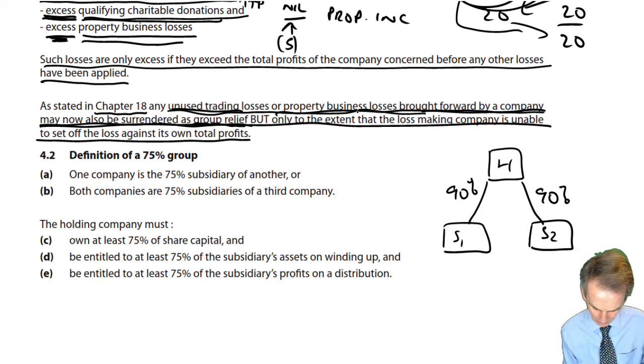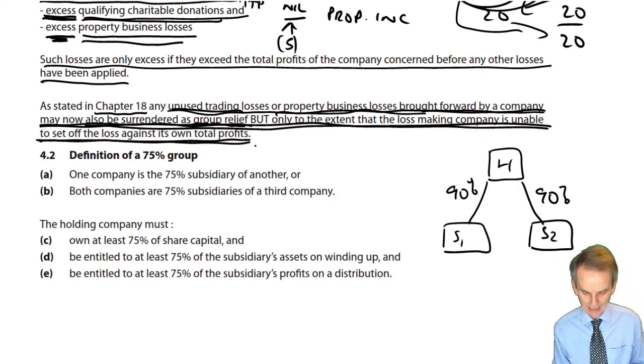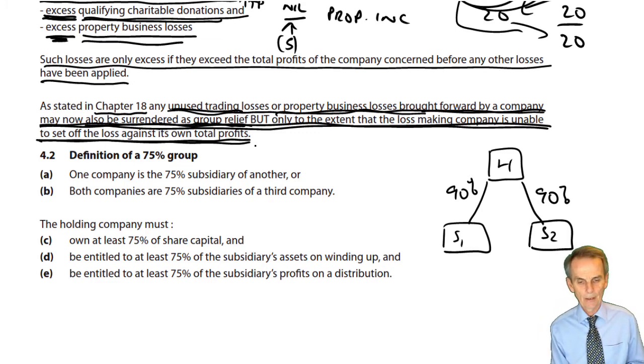If the company with those brought forward losses has sufficient total profits this period to absorb them, then whether you claim it or not, you will be deemed to have used those losses for purposes of knowing: can I group relieve that brought forward loss?